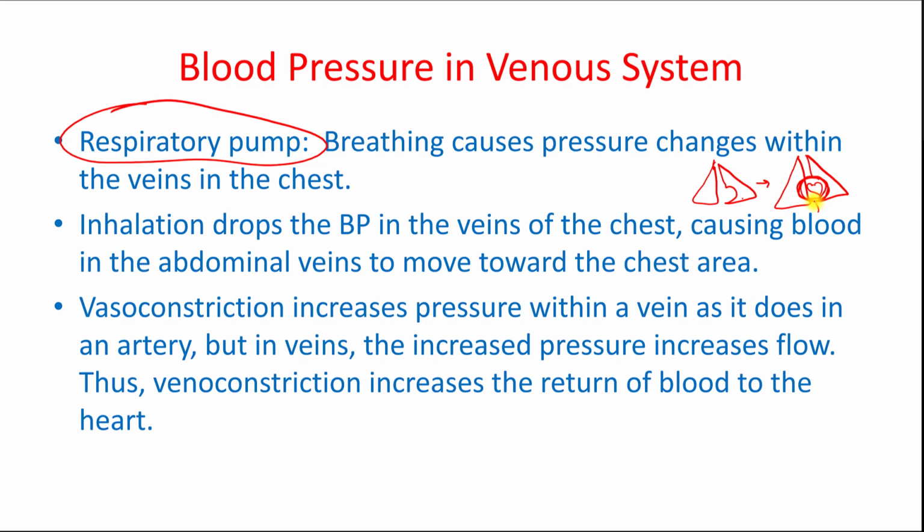So the blood would try to fill this space in the lung, and it has to come to the heart first. So this is the second physiological pump. Inhalation will drop the blood pressure in the lungs, or in the veins of the chest area, and therefore this is another area of low blood pressure, where the blood would rush into the heart. Okay, so that is the respiratory pump.